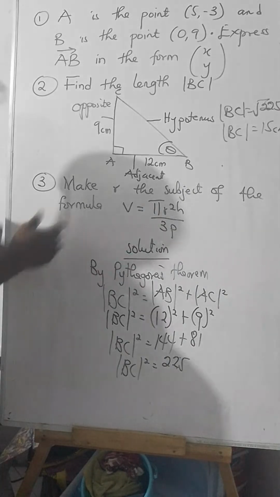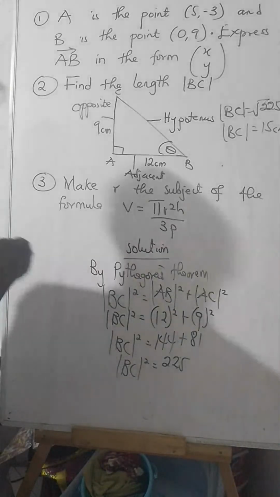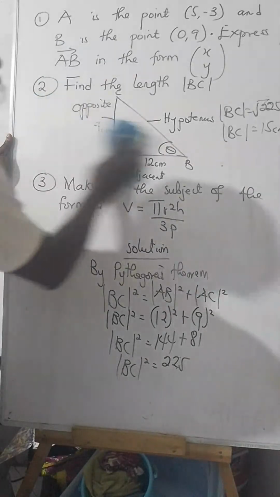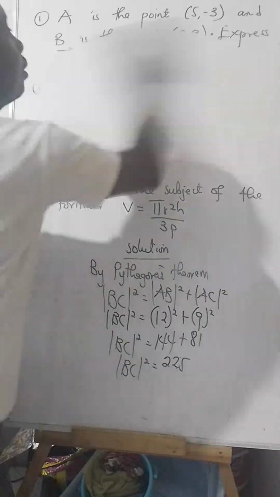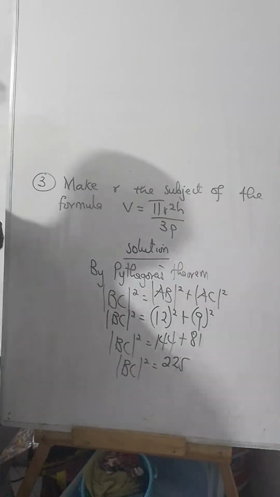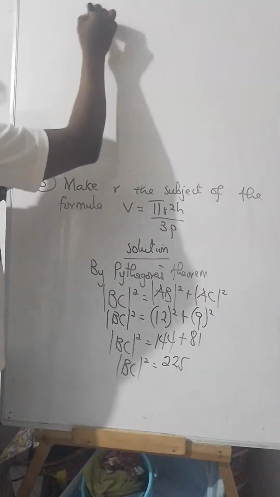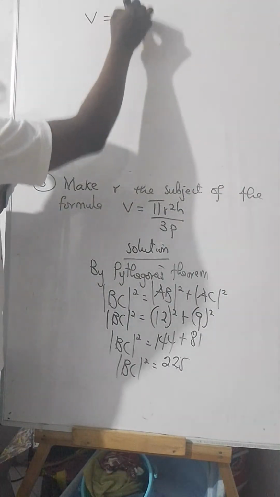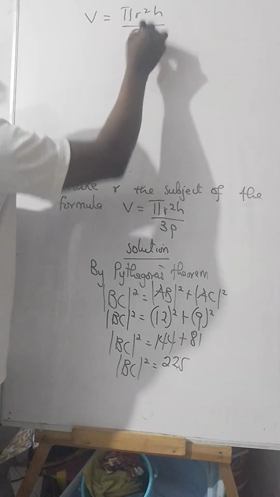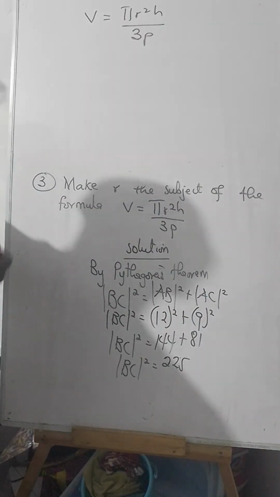Then the last question, which is change of subjects. So with this, let's clean this side. So we are done with this one. So we have V equal to pi r squared h on 3p. So you are making r the subject, that is from the question.